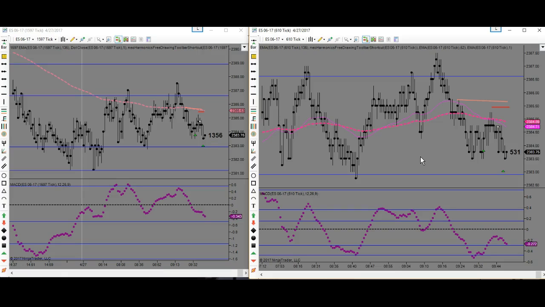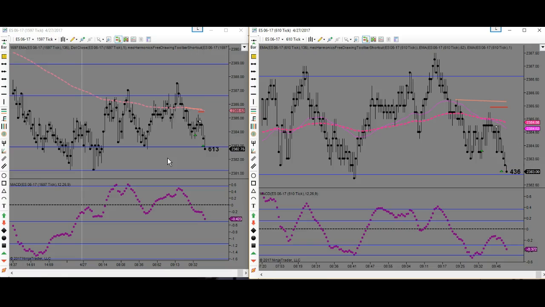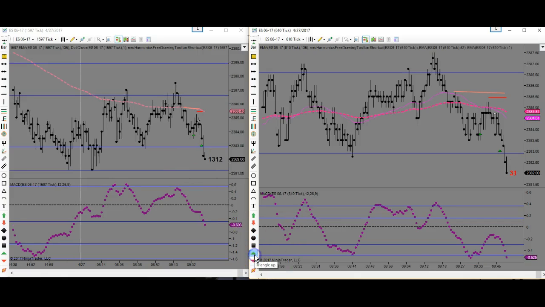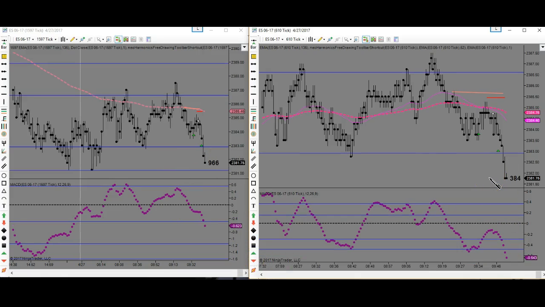This may be the one. Boom, that would hit the next target. Then let's see where we get out without a scared exit whenever it shows.